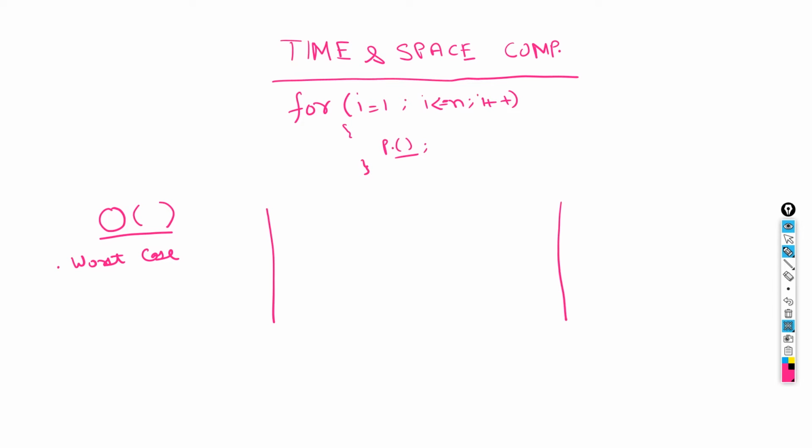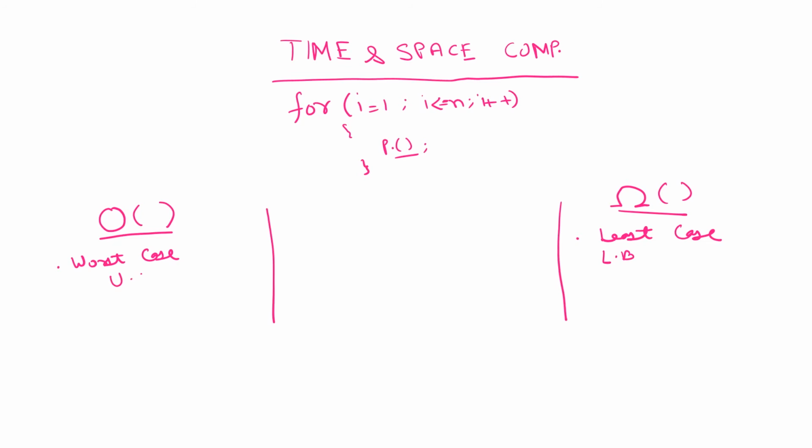Then you have omega. This is the least time complexity, or the least case, or the lower bound, you can say.